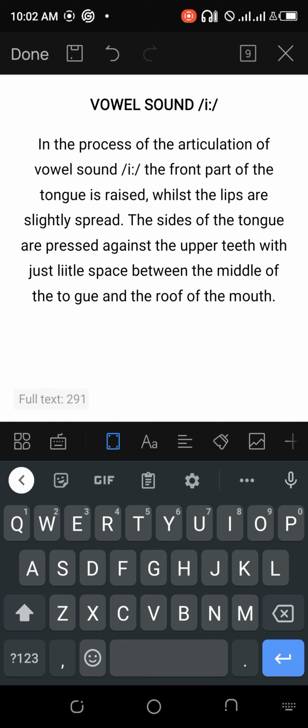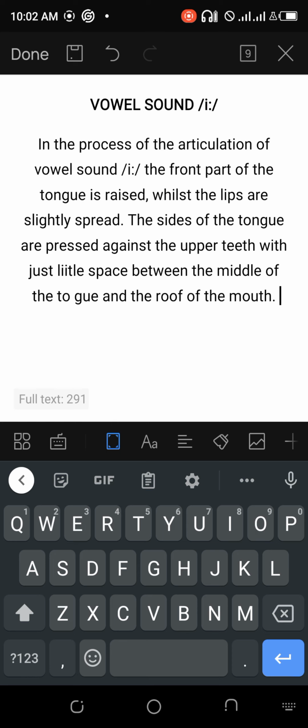So, in the process of the articulation of the vowel sound, the front part of the tongue is raised, whilst the lips are slightly spread.